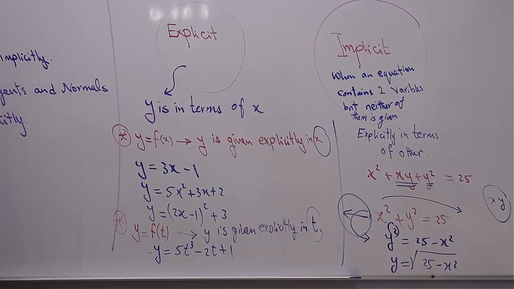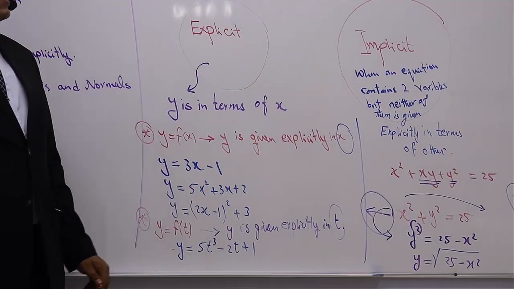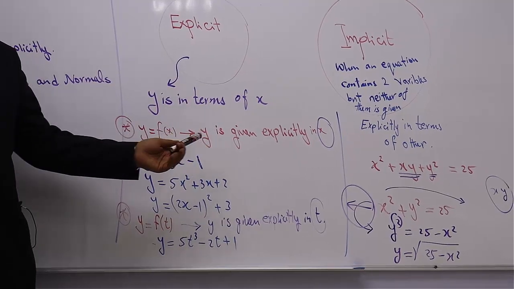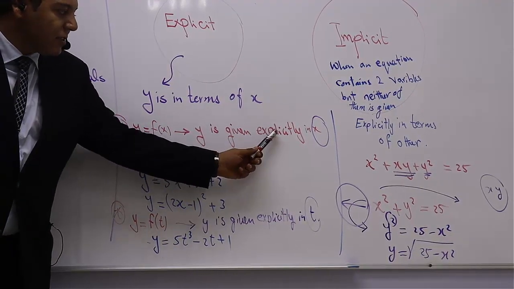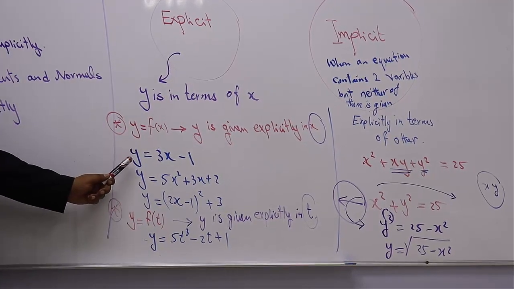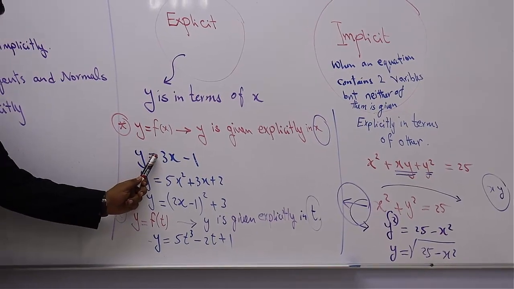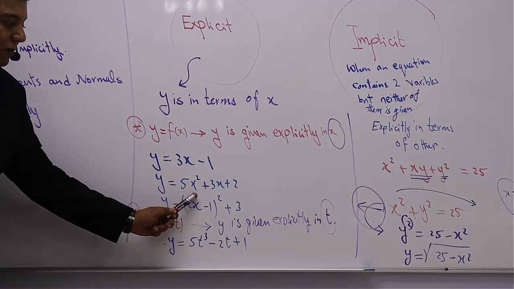Hi all, we're back to our lesson. What are explicit and implicit functions? An explicit function means y in terms of x, or y is given explicitly in x. So look here, y is the subject, and it's in terms of x.